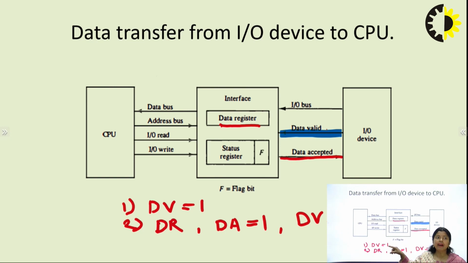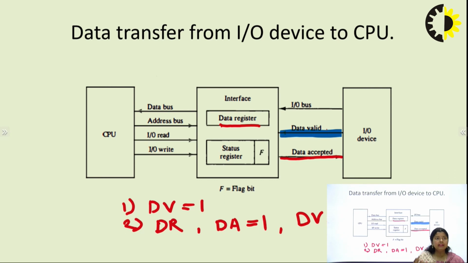Whenever the DV value is 1, the data register in the interface is enabled and the data is stored in the data register. Whatever file the IO device is transmitting to the memory will be stored here in the data register.